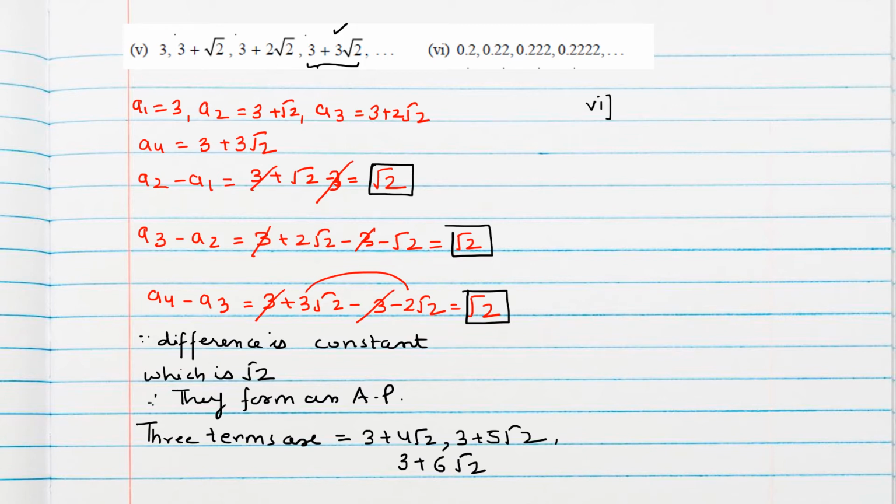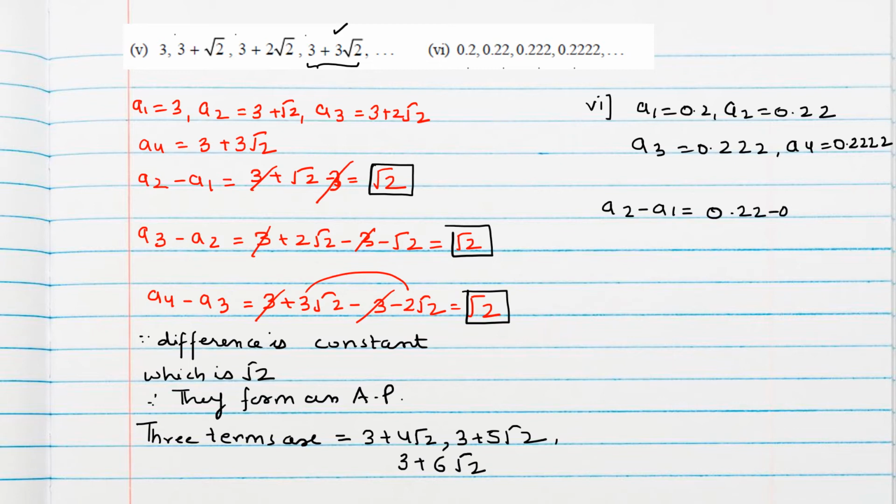Question 6. A1 is 0.2, A2 is 0.22, A3 is 0.222, and A4 is 0.2222. So here we will find A2 minus A1, which is 0.22 minus 0.2, which will give the difference 0.02.